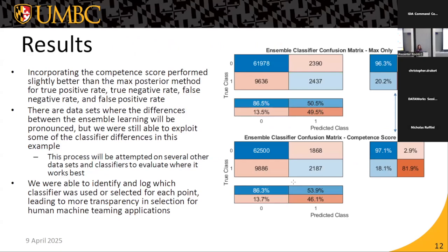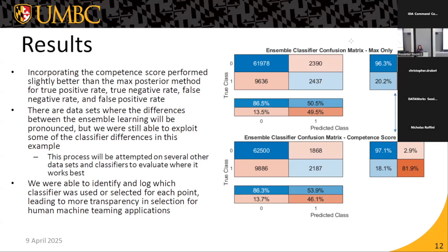So what I ended up doing was, for the results on the top right, a simple approach where I just looked at the highest confidence method, again for the test data set.